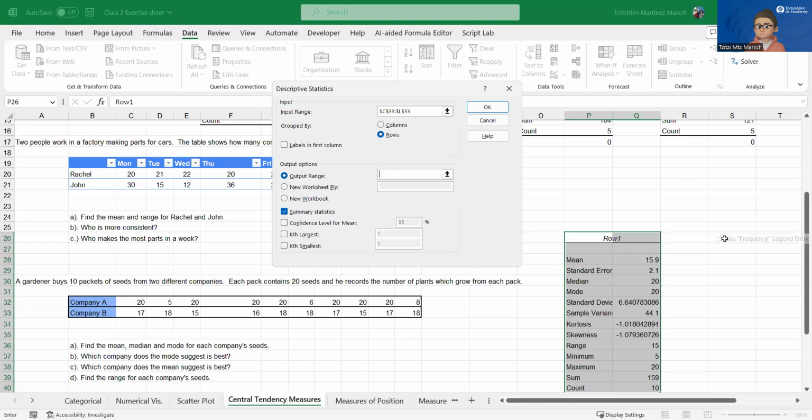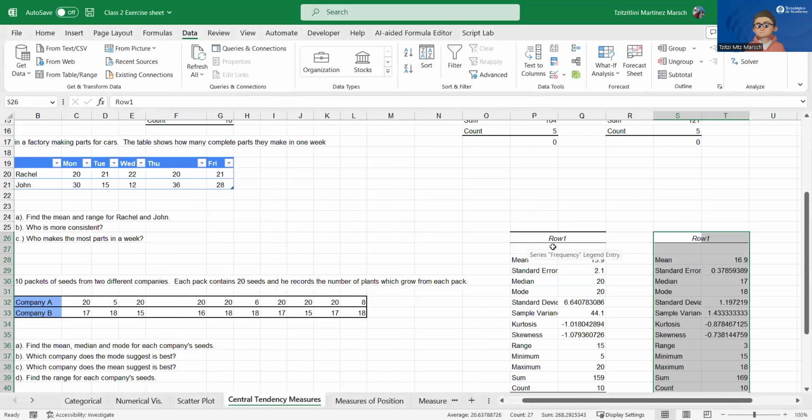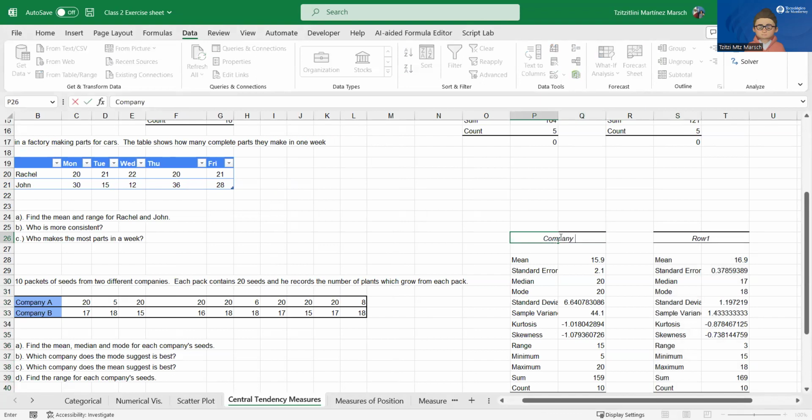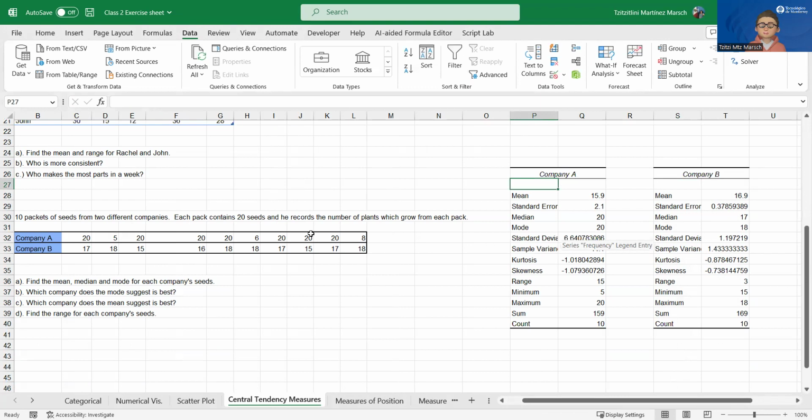We'll change it to S26. We'll leave the summary of statistics here. There it is. We have all of our data. And this is company A. Company B.